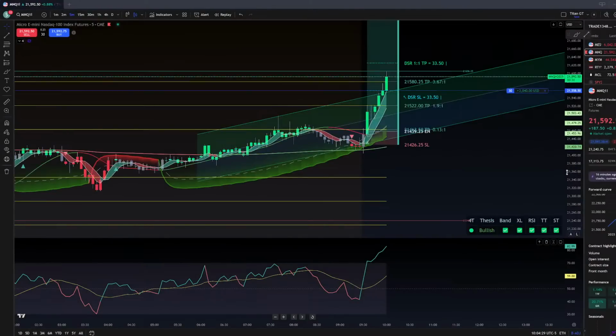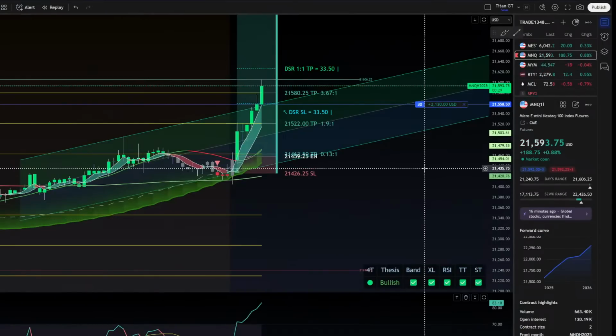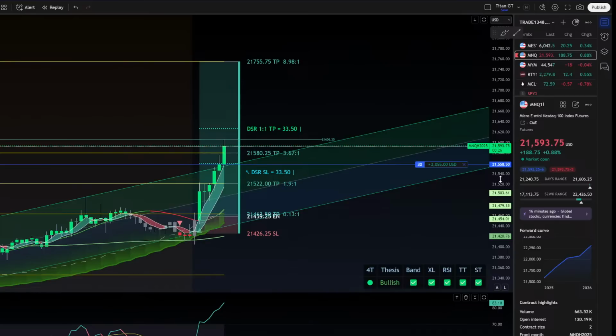We're at MNQ, and if we zoom in, that was a stress-free trade. I wasn't even paying attention to it. And that's the other thing. When you do it that way, guys, and you trust your trend, you pay less attention to it, and you're just confident that you're always hedging.